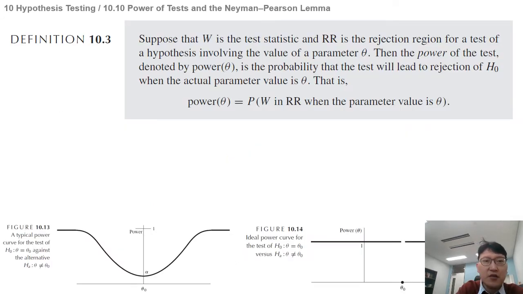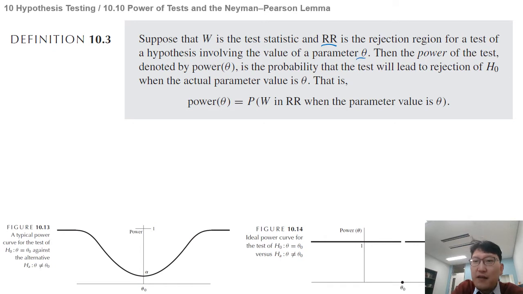So let's move on to definition 10.3. Suppose that W is the test statistic and RR is the rejection region for a test of a hypothesis involving the value of a parameter theta.